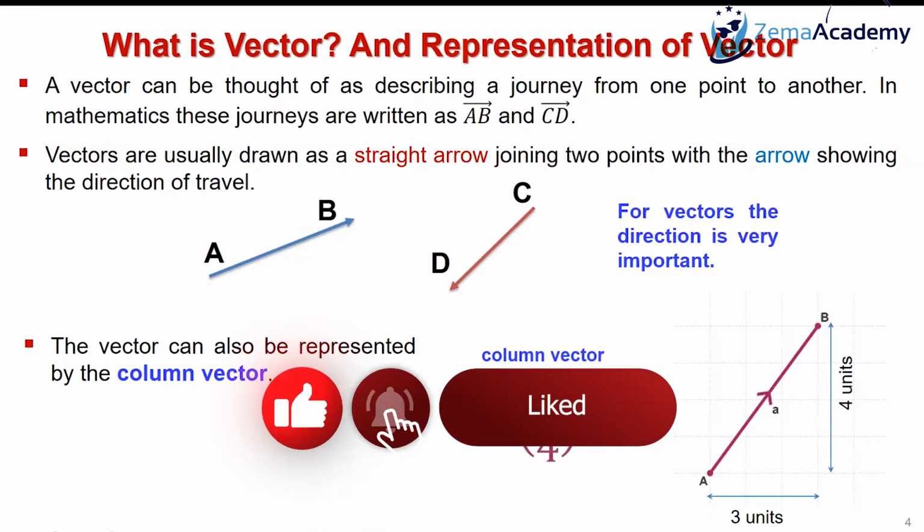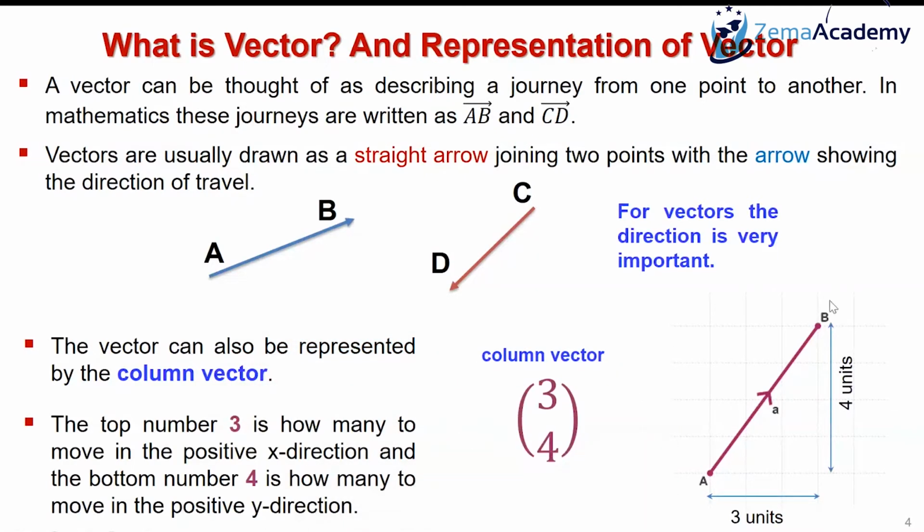It is indicating, if you are looking at a graphical view, that for a vector it is important that you know from where to where you are walking, in which direction. So you need to have a defined grid. In the figure on the right-hand side, you can see point A is lying somewhere here. Let's say it is 0.